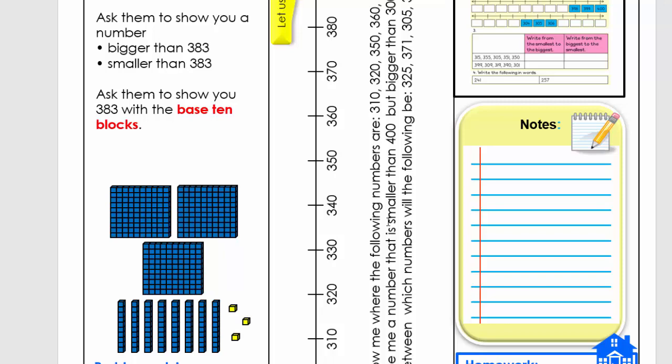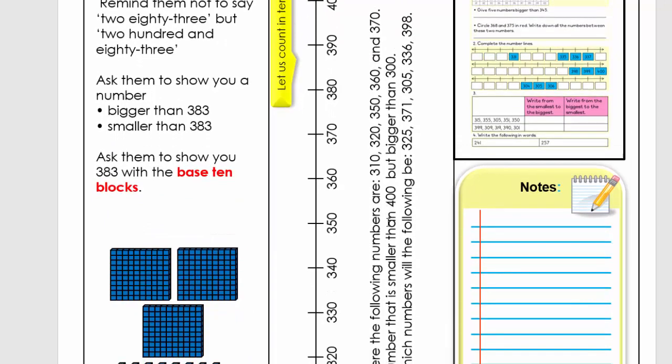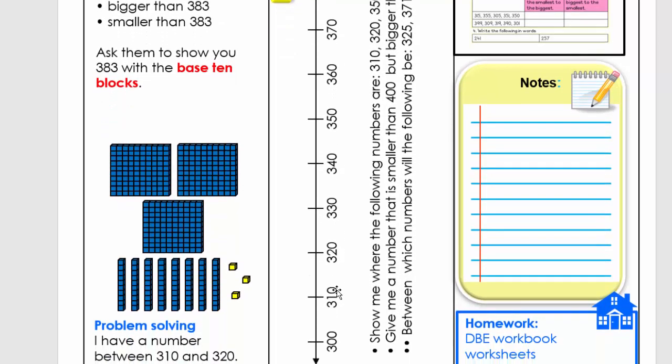So use those words to ask your child or your learners questions. I'm going to repeat those words: smaller than, bigger than, before, after, between. Now you're ready for the worksheet.